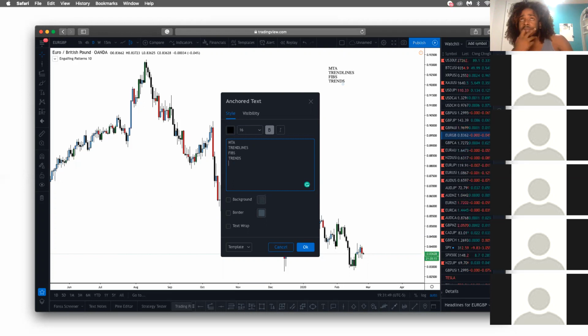Anything else? Support and resistance. Douglas says support and resistance. Say that again. You can look for a breakout. Okay. Market structure, right? Check the chart.